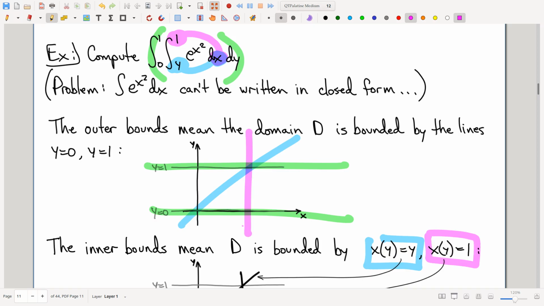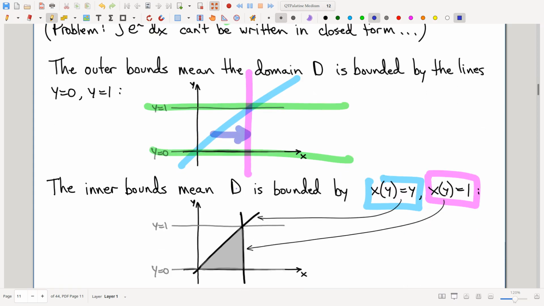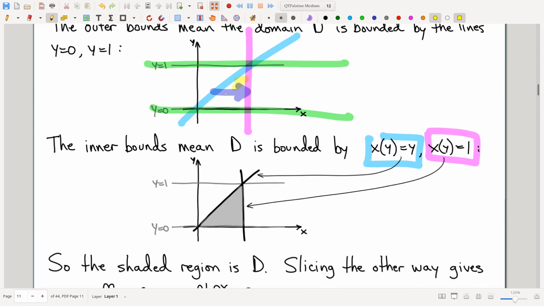Right? So my inside range of values of x here, x goes from the blue curve to the purple curve, and that's for all values of y between these two green curves, and the picture is basically staring at us at this point. Our domain is that right there.